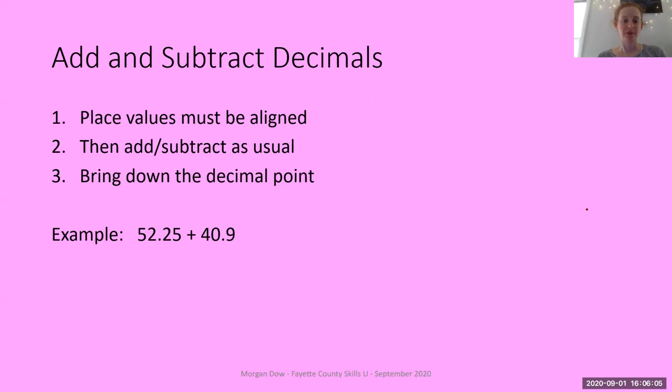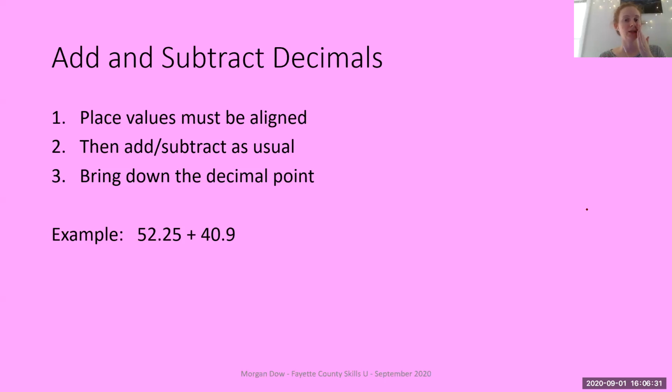All right, now let's add and subtract with decimals. Most of the time on the GED test, if you are adding and subtracting with decimal numbers, it's probably going to be on the part of the test where you have access to your calculator. So that might be the quickest way to do it. But if you don't have a calculator handy or you want to double check your work, you can do it by hand.